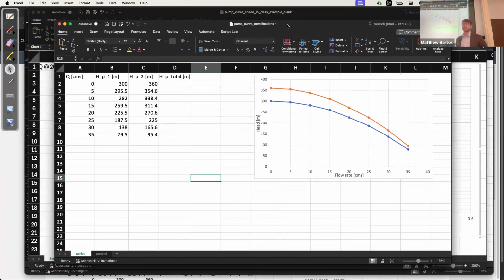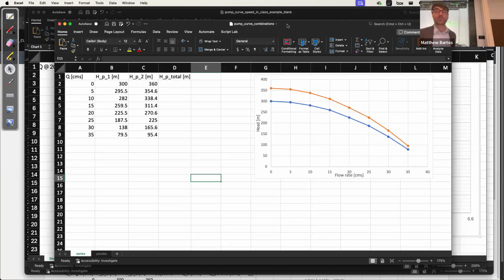Okay, so for the first sheet in our Excel workbook, we have two pumps that we're going to add in series. So we have our two pump curves here. We have a range of discharges that are shared between the two pump curves. Our second column is the pump heads for pump one. Column C is the heads for pump two.